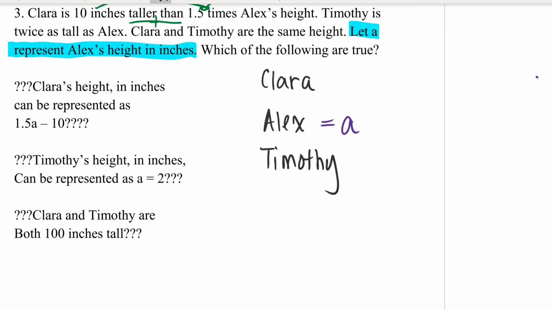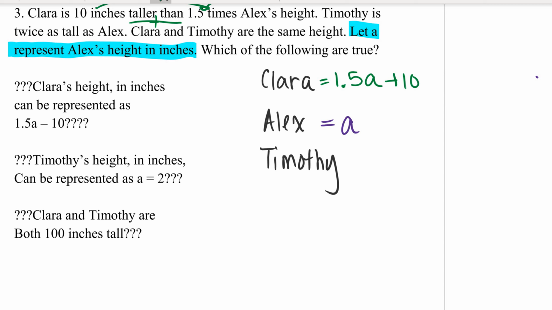So Clara is going to be 1.5A, because she's 1.5 times as tall as Alex. And then we're going to add 10 inches to that. 10 inches taller than is the same as more than, and more than, we know we have to switch the order of the information.